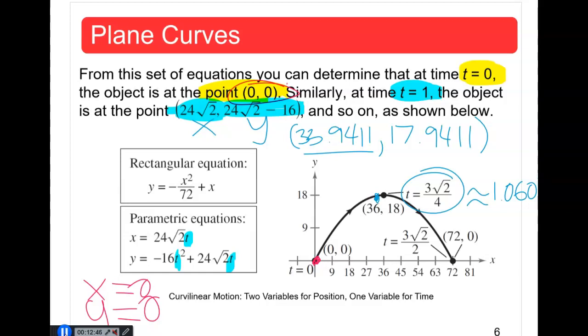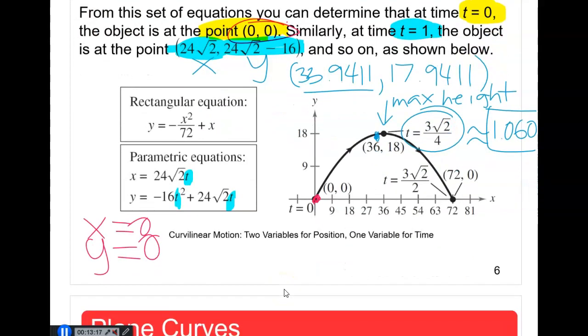So at a little bit after 1 second, that's when the object reached its maximum height or vertical distance. So you see here we are using 3 variables so that we know the horizontal and vertical distance of the object, but also the time. That is one of the advantages of parametric equations.